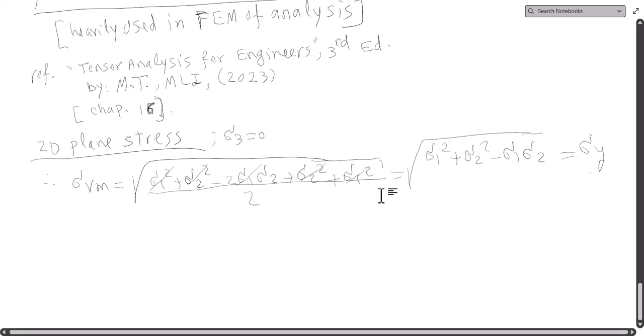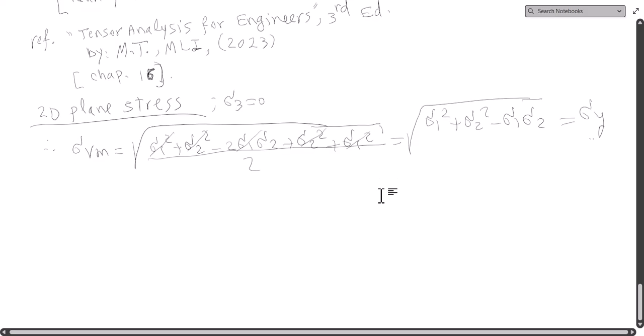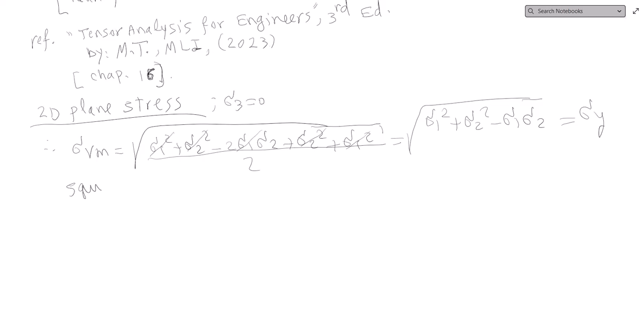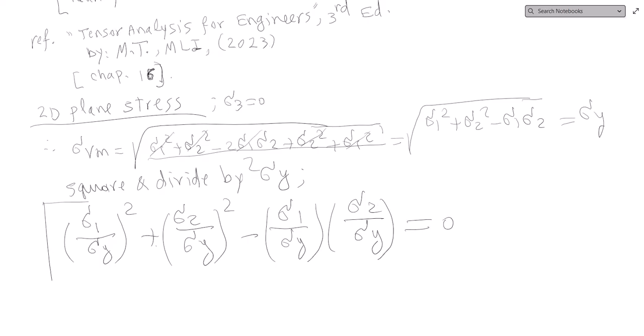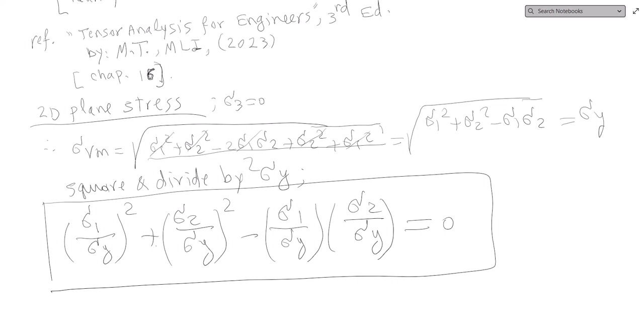So if I square this and divide it by sigma y square, I will get (sigma 1 divided by sigma y) square plus (sigma 2 divided by sigma y) square minus (sigma 1 divided by sigma y) multiplied by (sigma 2 divided by sigma y) equal to 1, not 0, because I divide by sigma y.